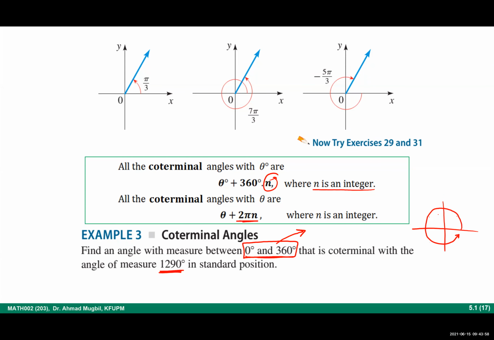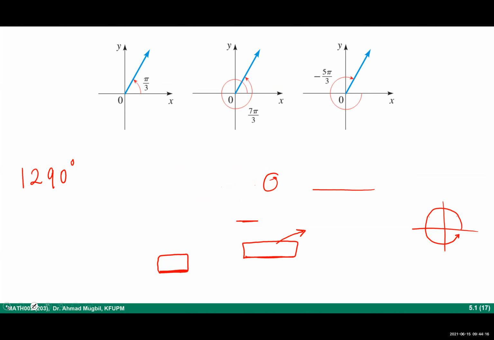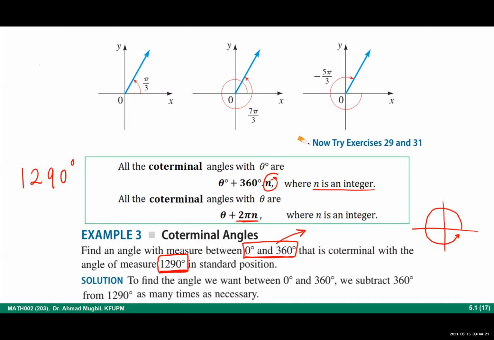So now how to find the smallest positive angle that is coterminal with this one? Who can tell me what we will do? We will subtract, ya shabab, what? We will subtract 360. What do you think? How many times? 3 times. You remember the multiples of 360? 360, 1080.